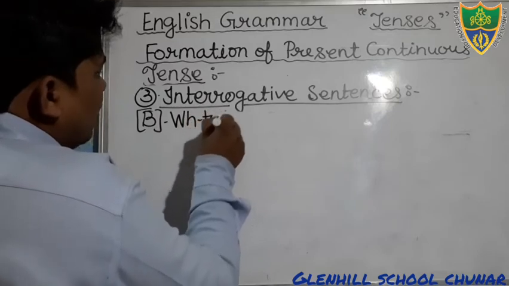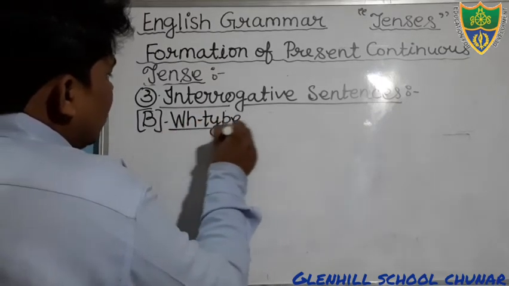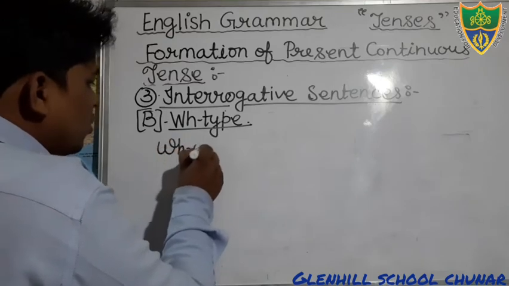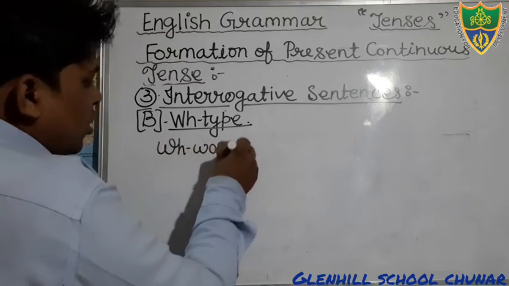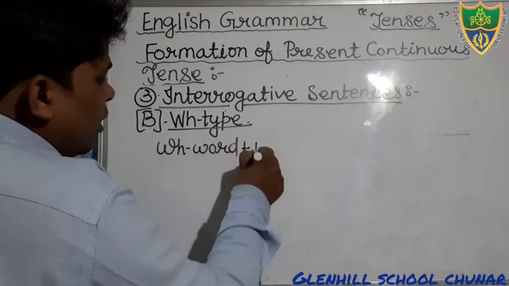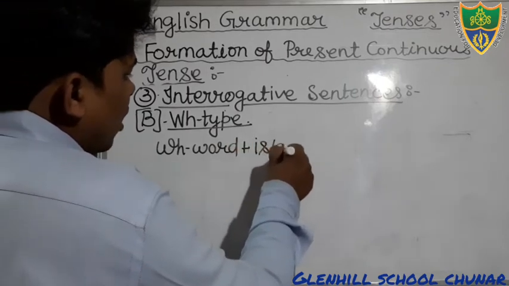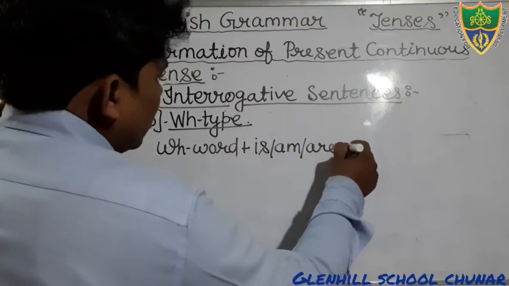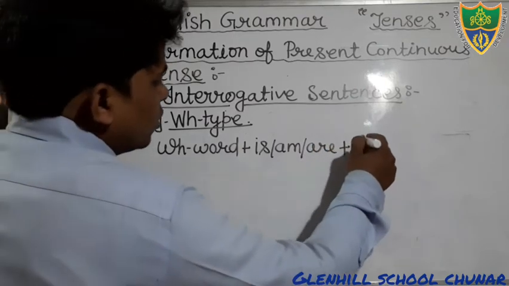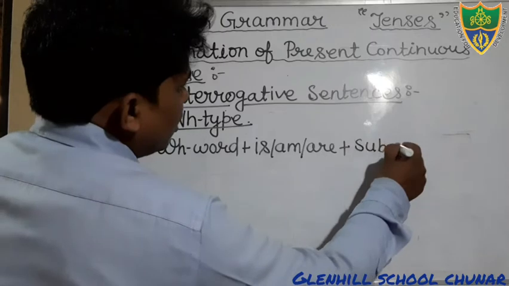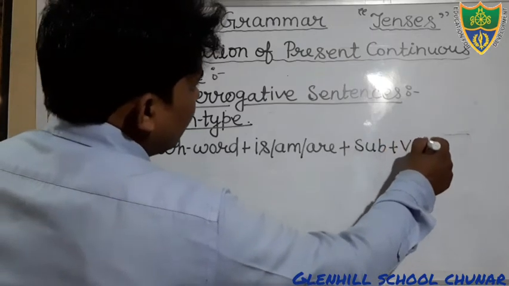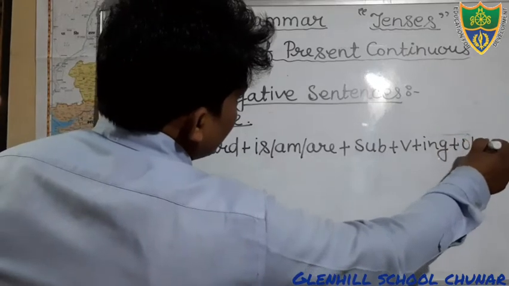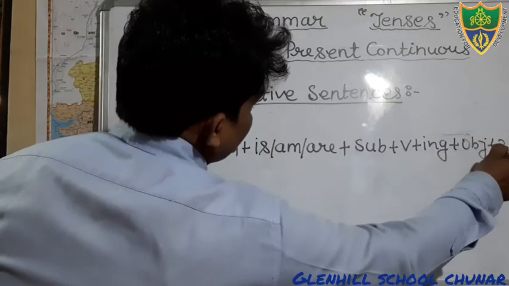Okay, WH type interrogative. Let's see here what would be the structure. WH word will be there. Then after is, am, are according to the subject. Then after you will use the subject, then after you will use the verb, in the verb we will add ing, then after object, then after question mark.